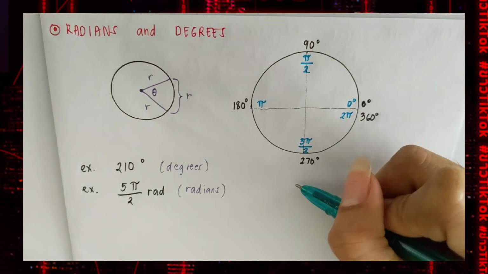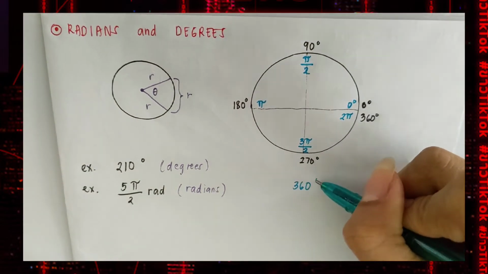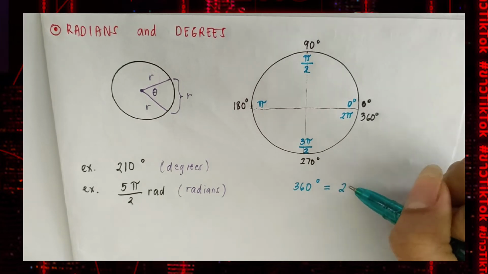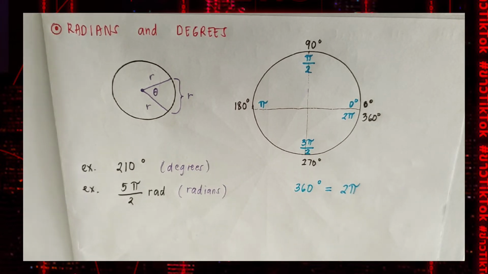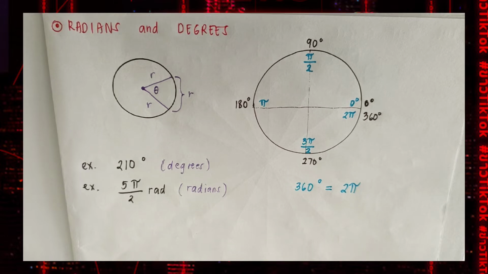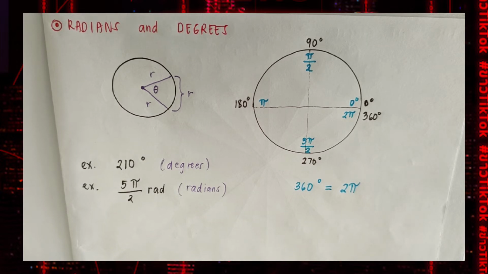Let me write, 360 degrees is equivalent to 2 pi. You will use this when you convert radians to degrees or degrees to radians. But you can simplify that, and what others typically do is divide it by 2 and use that as the conversion equation.